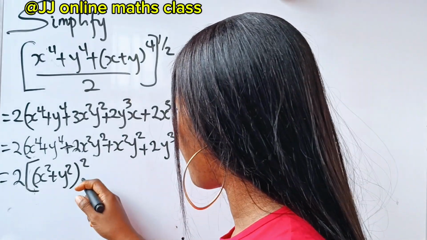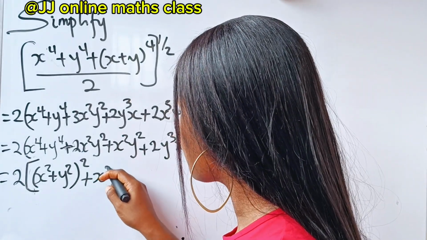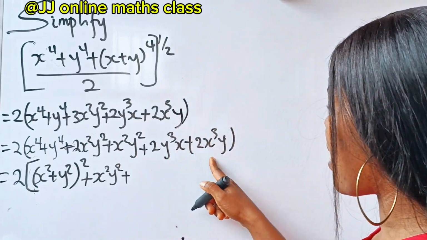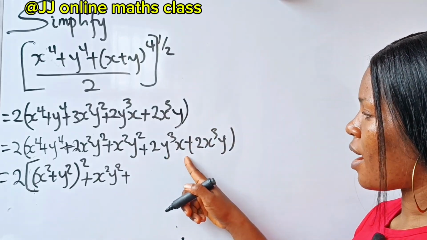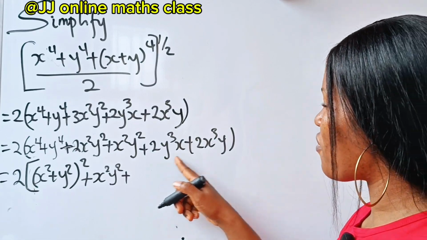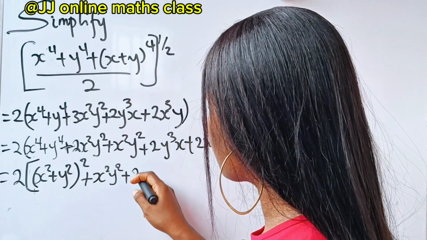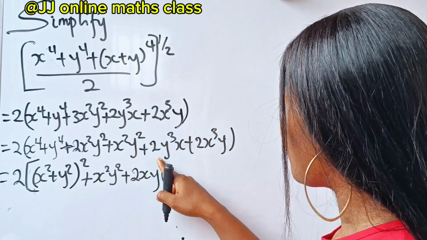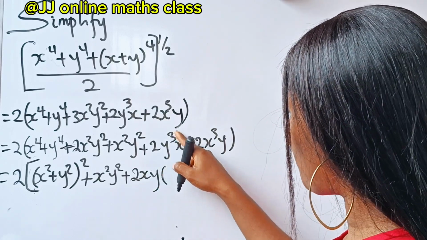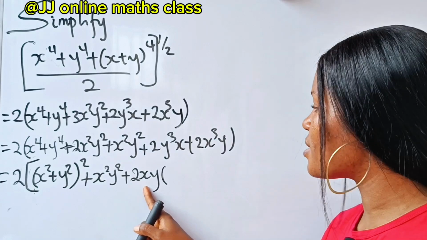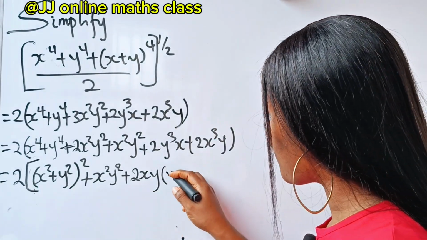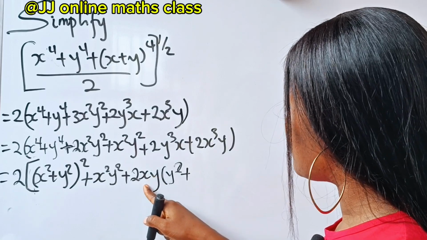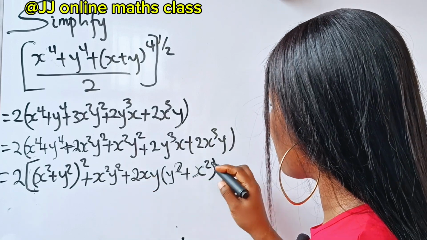So for this side we have plus x squared y squared plus, now let's factorize 2xy from here. If 2y to the power of 3x is divided by this, you are going to have y squared remaining, plus when this is divided by this, you are going to have x squared remaining.